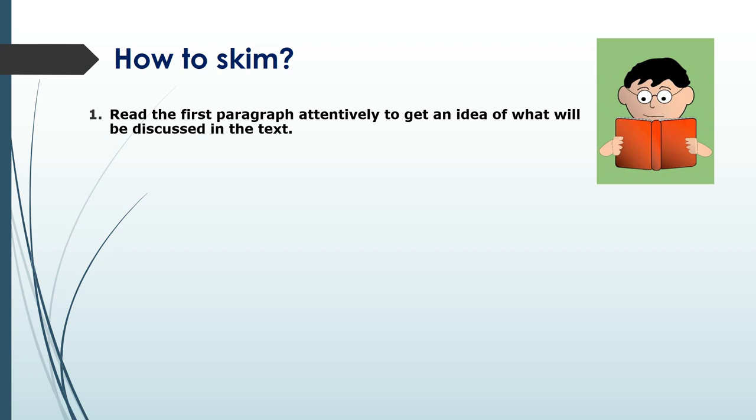And if you are reading a single paragraph only, then you read the first line or first two lines just to get the overall idea, the controlling idea. So read the first paragraph attentively to get an idea of what will be discussed in the text. You're not going line by line; your eyes just skim through the first two lines or so.